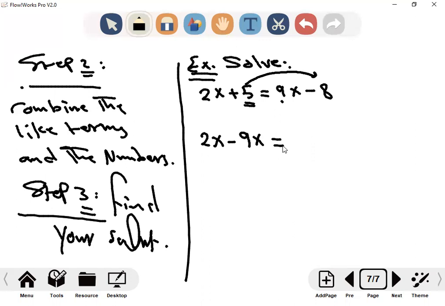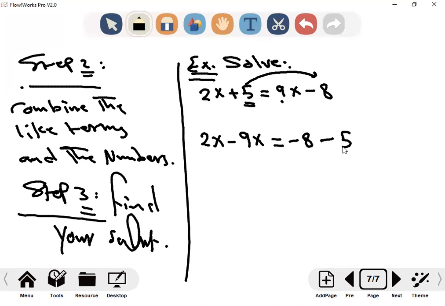Start with the term which is original, meaning what is already there: negative 8. Now transfer the positive 5, and it becomes negative 5. So what I did here, I just put the variables on the left side and the numbers on the right side.